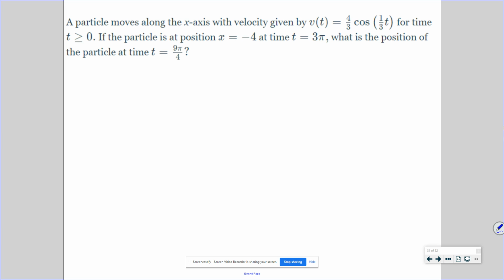Let me do one more of those with you. So same exact type of question here. Start with your velocity function, and you're going to find the position by taking the antiderivative. Okay, so antiderivative of cos, start with that, that's sine.